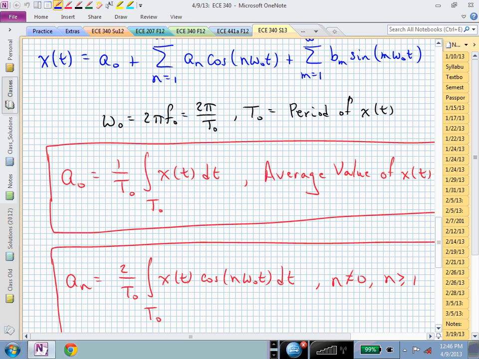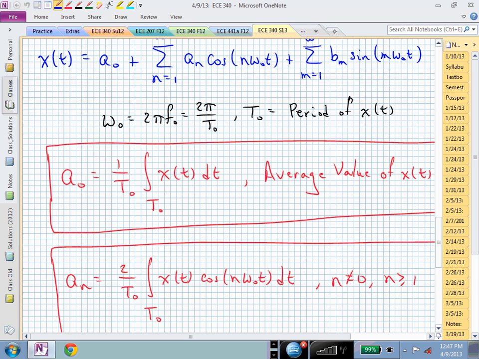This is now, and what does this A sub n say? This really says how x of t looks, or how it aligns, or how it is correlated with cosine of a given frequency, where that frequency is a harmonic of your periodic waveform. If x of t is really nicely correlated or looks very much like cosine of 5 omega naught t, then this A sub n is going to be a big number.